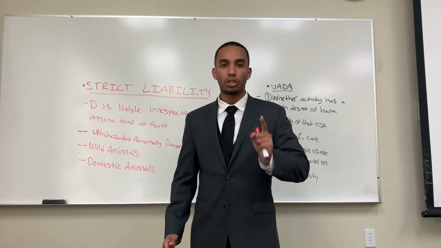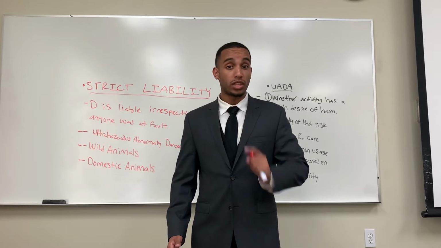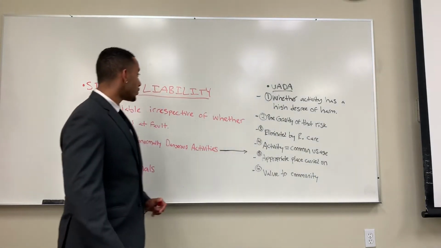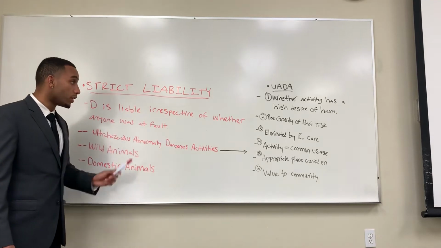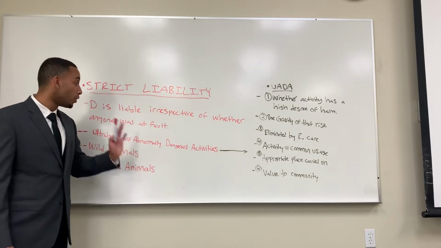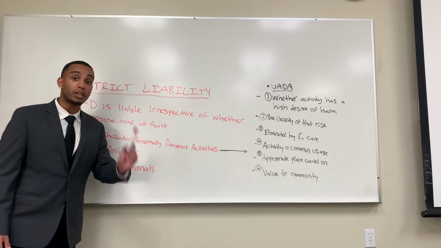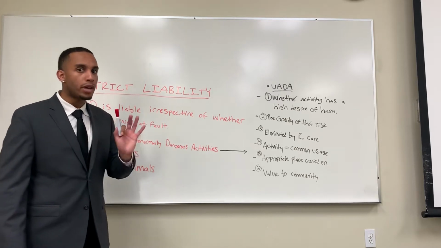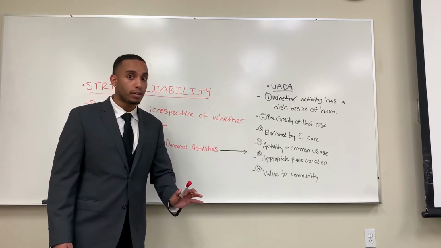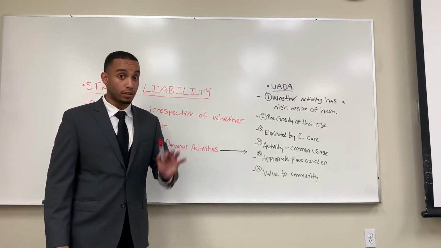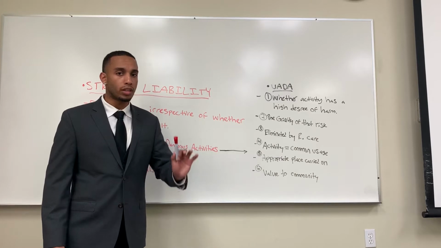Let's get into exactly what strict liability means, the rule statement. Strict liability means that the defendant is liable, irrespective of whether anyone was at fault. It doesn't matter how careful the defendant was; as long as someone was hurt, the defendant will be strictly liable.